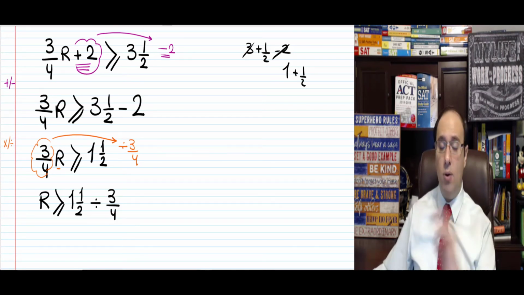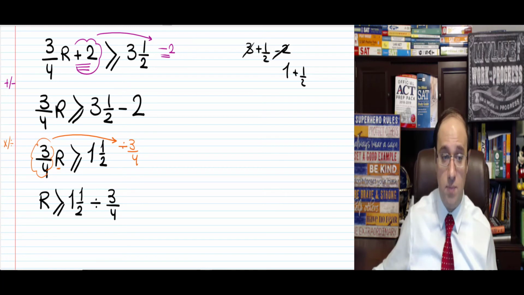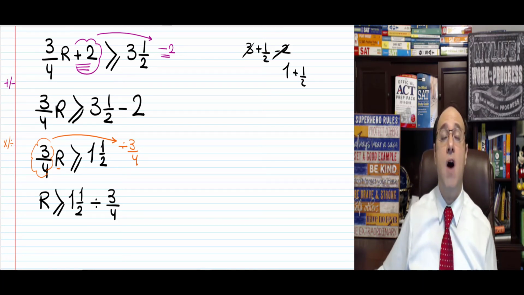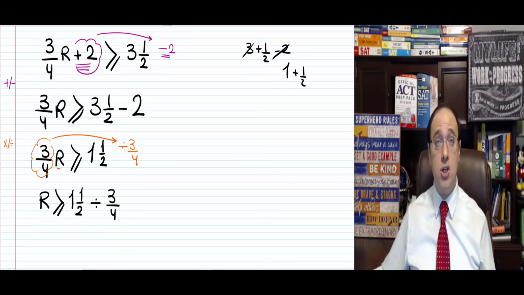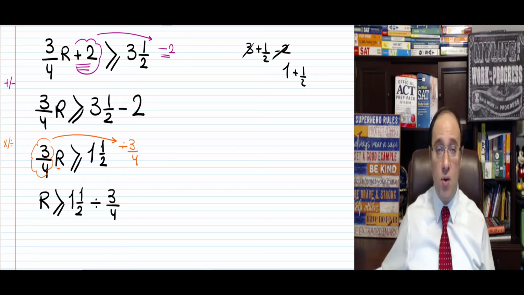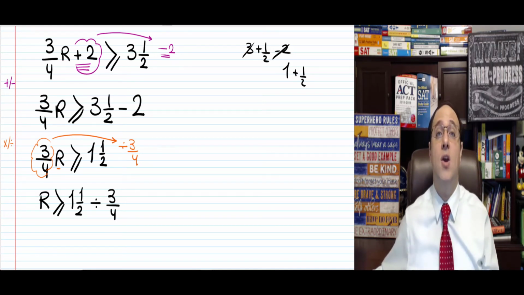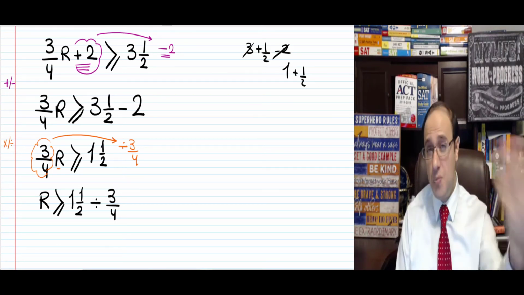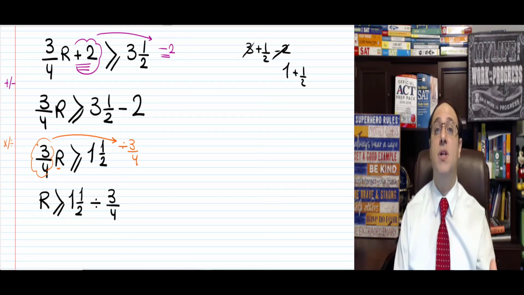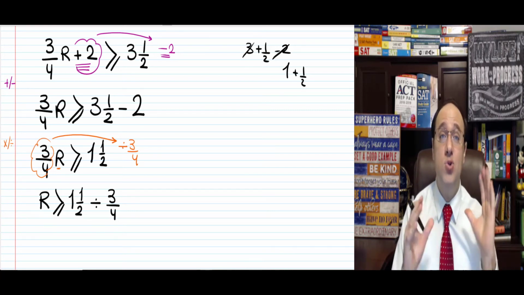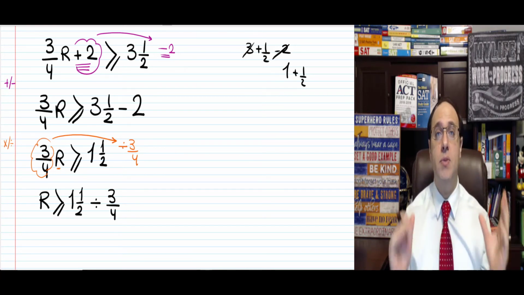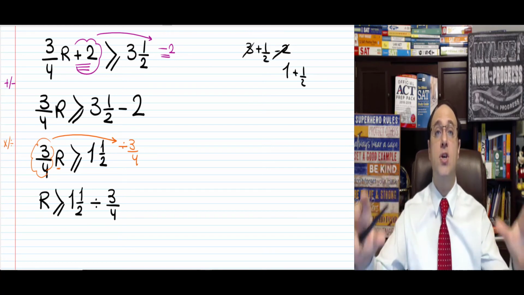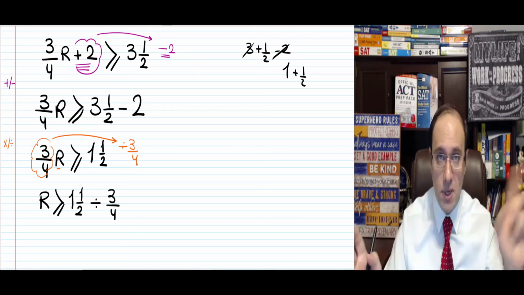Okay, now let's pause for a moment. You cannot divide fractions if one of them is a mixed number and the other is just a regular proper or improper fraction. Actually, you can, but it's going to be a little bit complicated. In order to do this properly, you must first make sure that both are fractions, no mixed numbers.